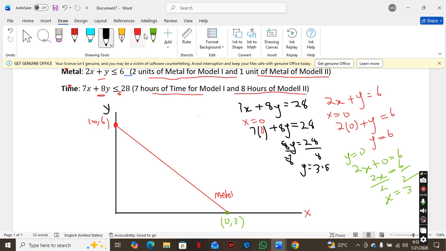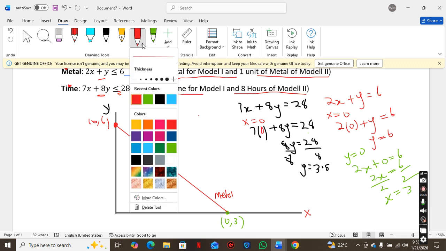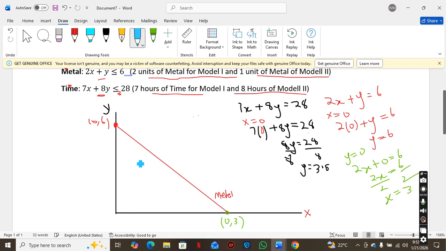So we'll say, okay, our point will be here. When x equals 0, y equals 3.5.